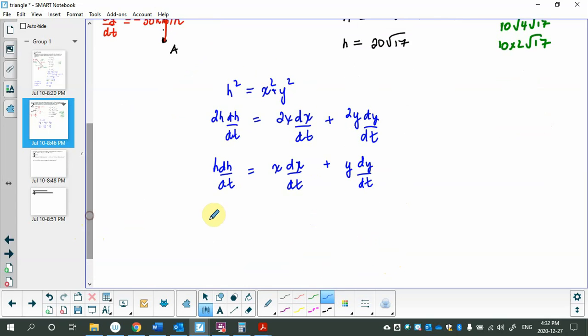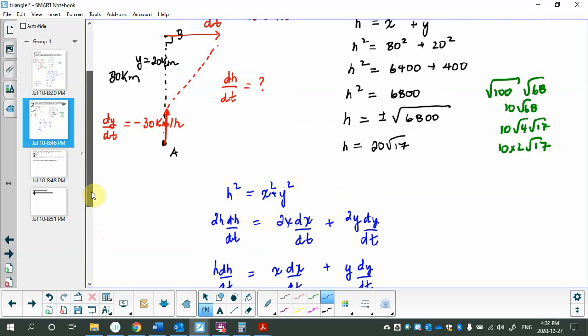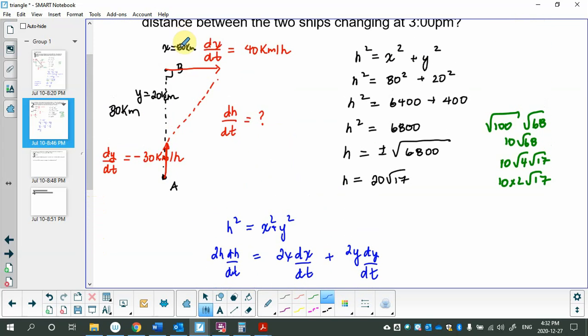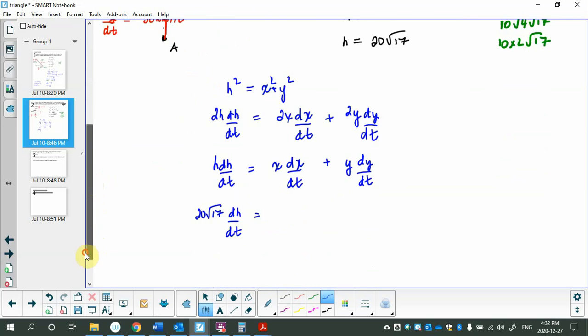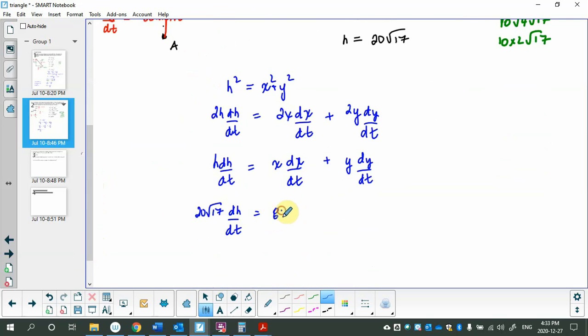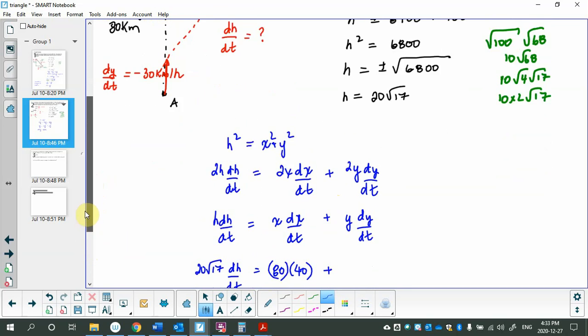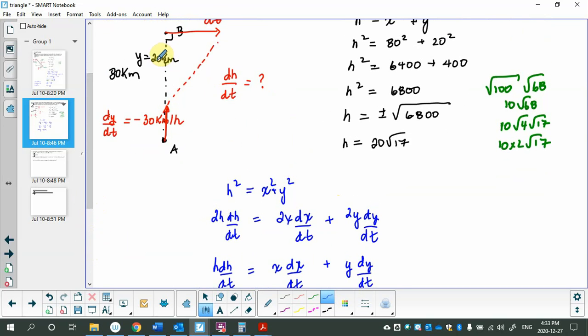So h is 20 root 17 written above. dh by dt is what we're looking for. x, 80, dx by dt, 40. Plus y, 20, dy by dt, negative 30.